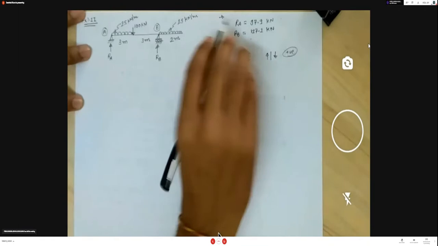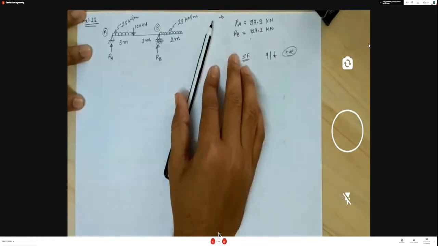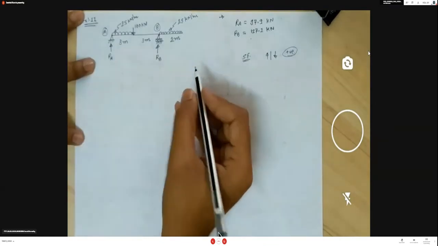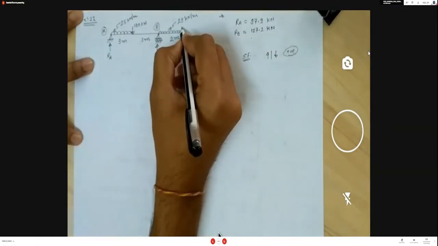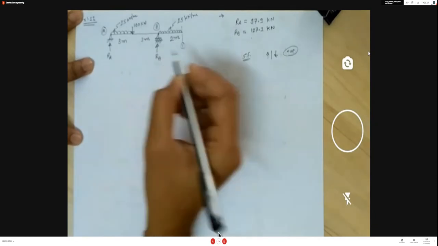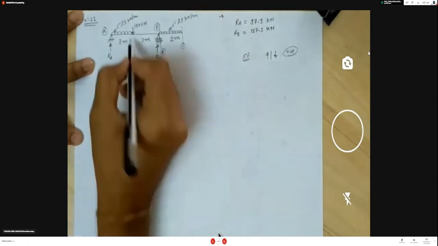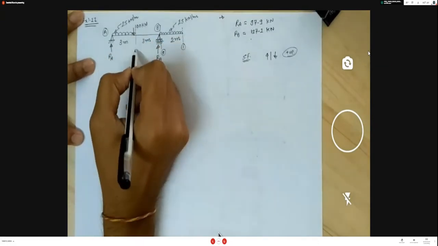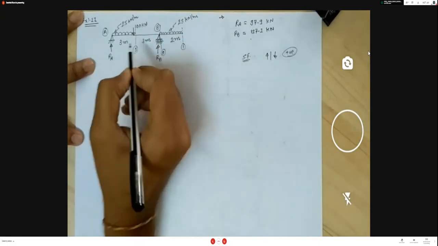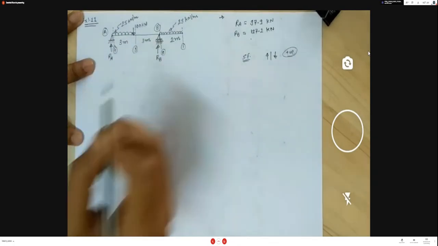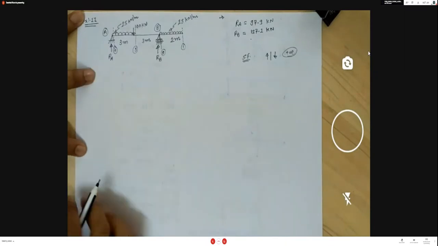Here we have read directly, but you have to calculate this reaction. So now consider the different sections and calculate the shear force. First of all, consider here section 1, at point B is section 2, just right of the point load is section 3, and just right of point A is section number 4.